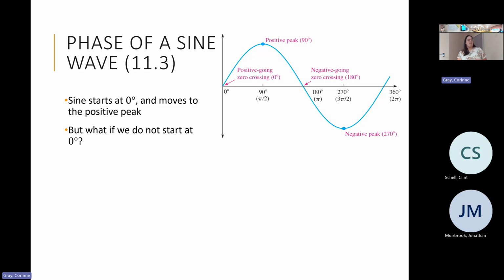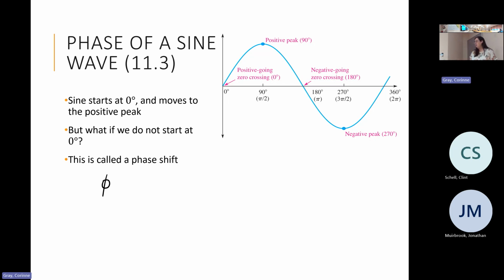Because of that, sometimes you're not starting at exactly a sine wave. So you need to introduce what's called a phase shift or a phase constant, and that is represented with a phi.